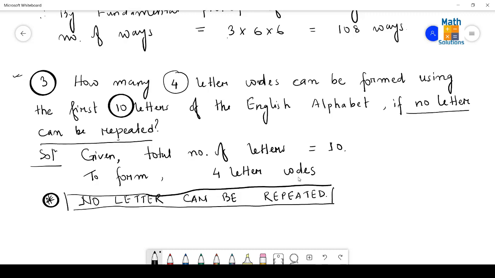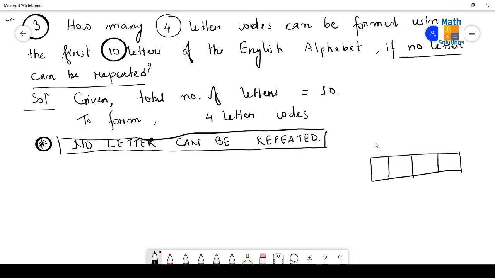So, after this, what I shall do, I need to consider 4 places where these letters can be filled in. So, this is the first place, this is second place, this is third one, and this is the fourth one. Now, already we have 10 letters in our hand. So, for the first place, how many options do we have in our hand? Of course, 10 options. Any one of these 10 letters we can put here.